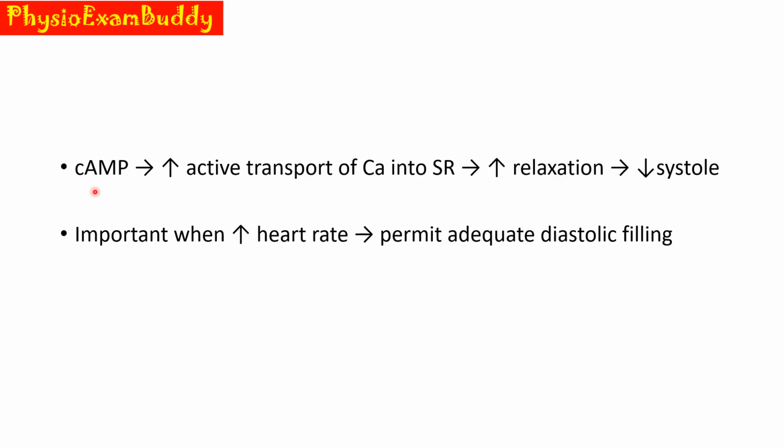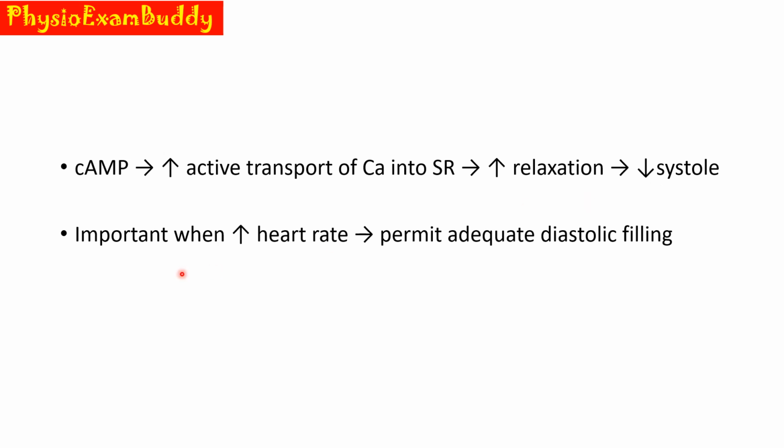Another action of the increase in cyclic AMP level is that it increases the active transport of calcium back into the sarcoplasmic reticulum, which will decrease the intracellular calcium concentration, which will cause an increase in the relaxation, thus decreasing the duration of the systole.